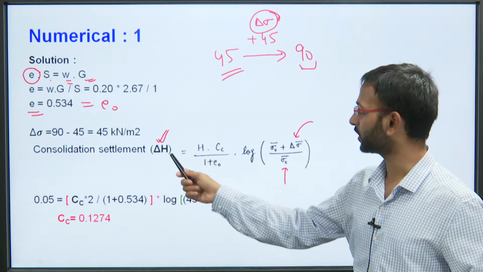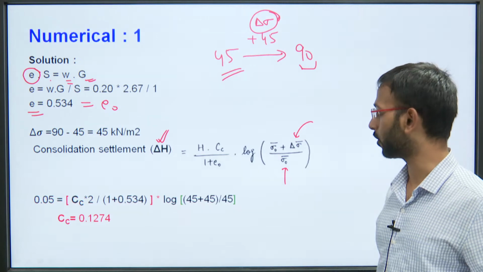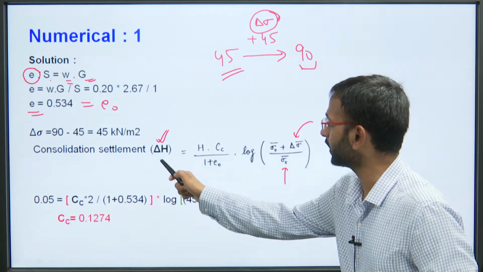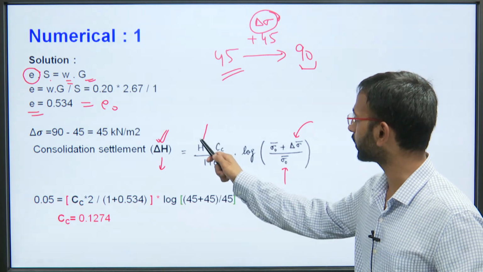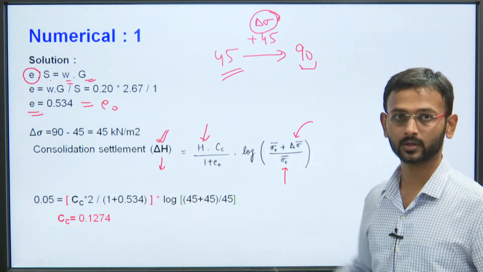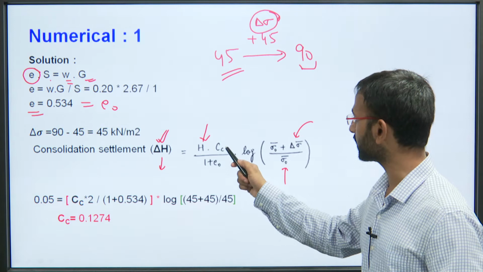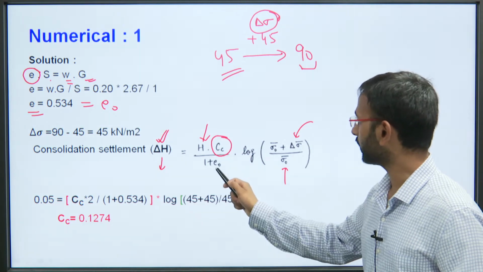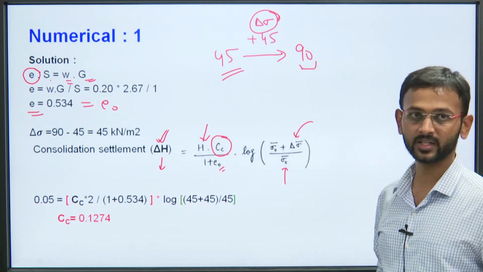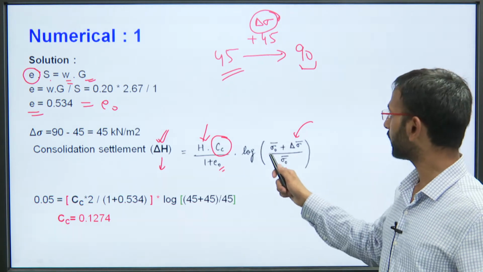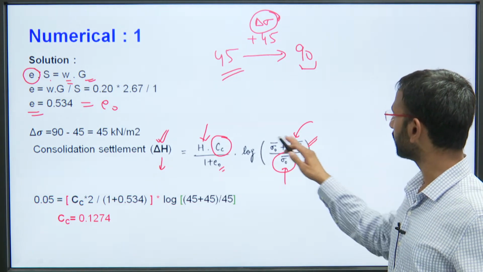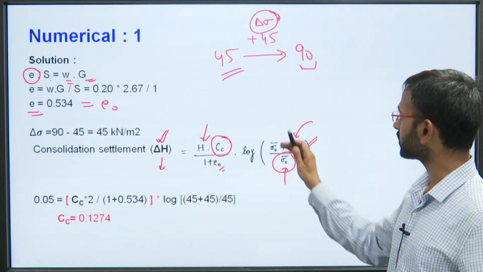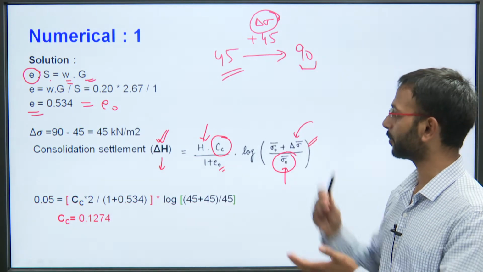So see here we are putting the values in this formula. Delta H you already know, 0.050 centimeters, and H was 2 centimeters of sample. Then Cc is what you do not know. e naught you have calculated by the e equals wG formula. Now log of the initial pressure in the denominator and the final pressure in the numerator, because you increased the load, so compression and settlement were observed.